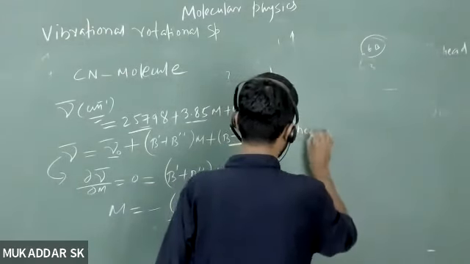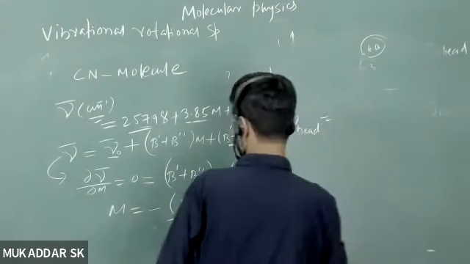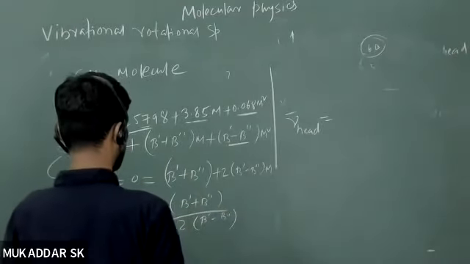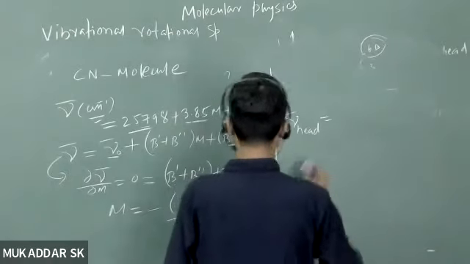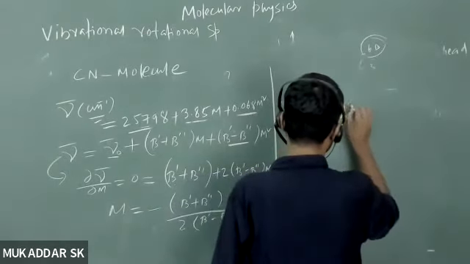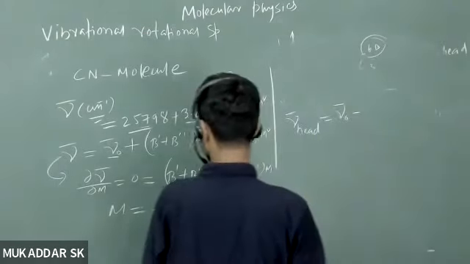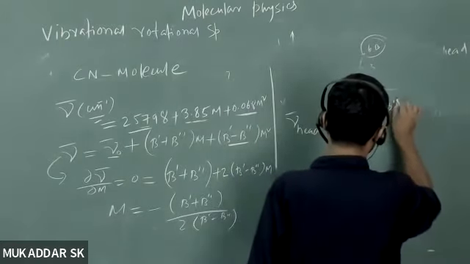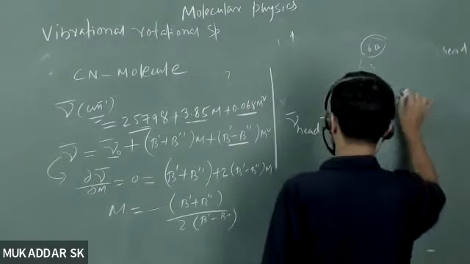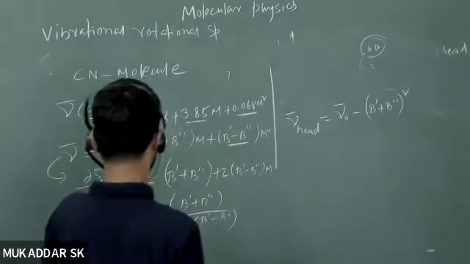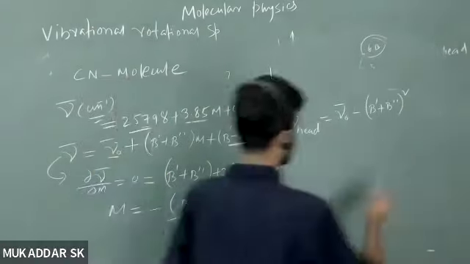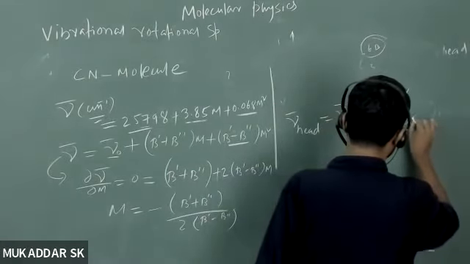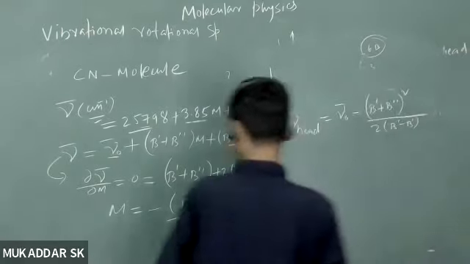So the location of the band head will be, if you substitute this expression here, how much will you get? So nu 0 bar, then the second term will provide you B dash plus B double dash whole square, B dash plus B double dash whole square divided by twice B dash minus B double dash, right?